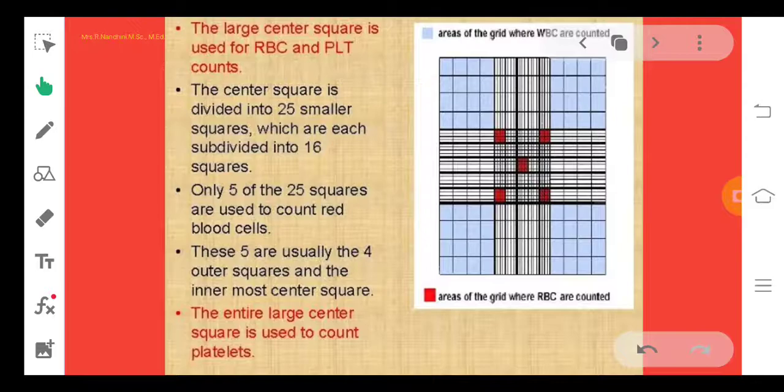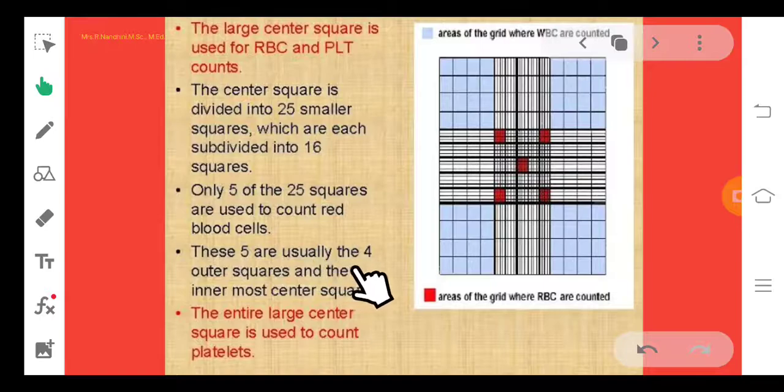Another point: the large center square is used for RBC and PLT counts. The center square is divided into smaller squares, which are each subdivided into 16 squares. Only 5 of the 25 squares are used to count red blood cells.